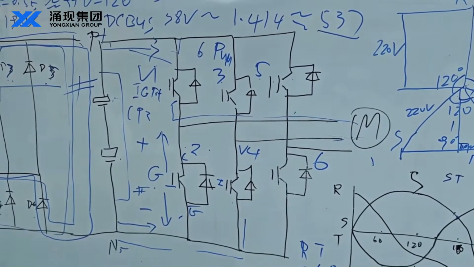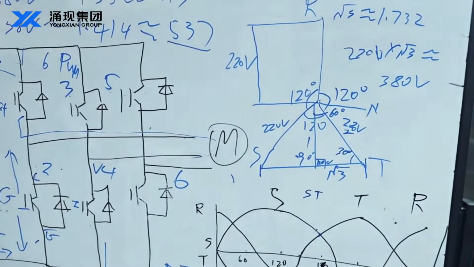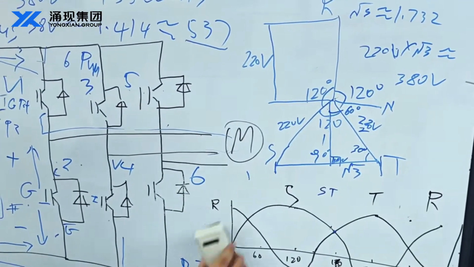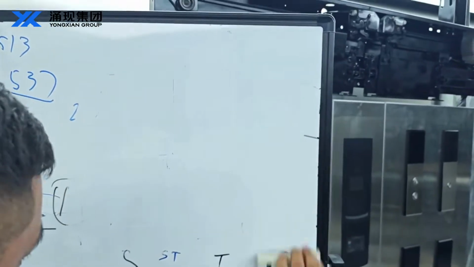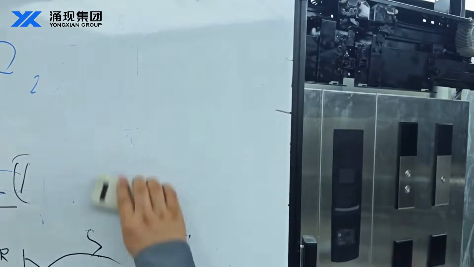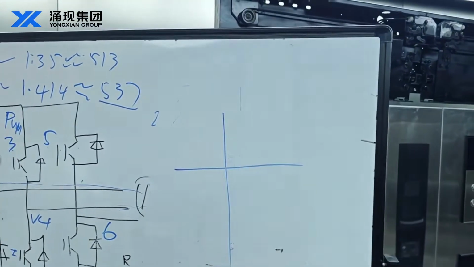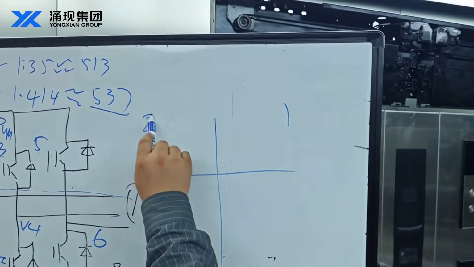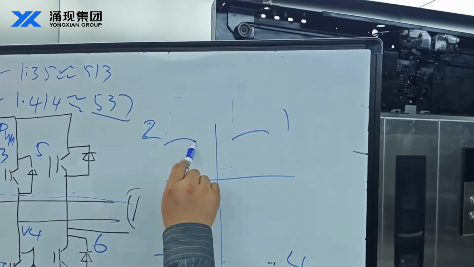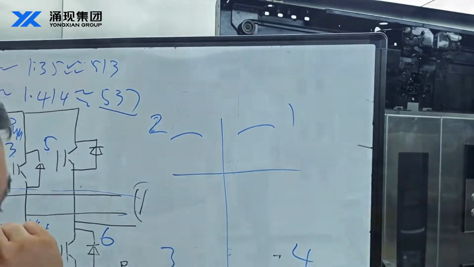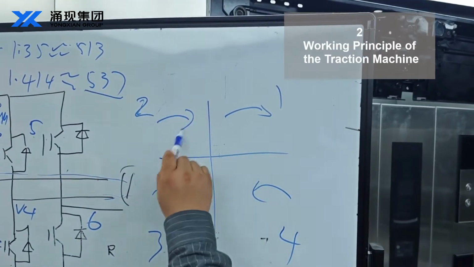Now let's get to the motor part. Our working principle of the traction machine is divided into 4 quadrants: 1, 2, 3, 4.